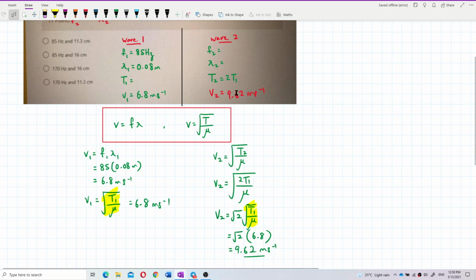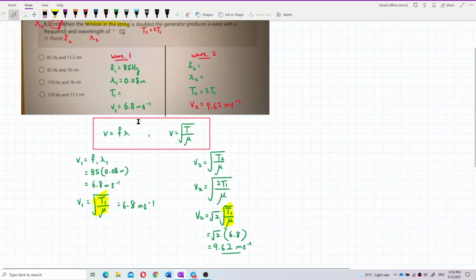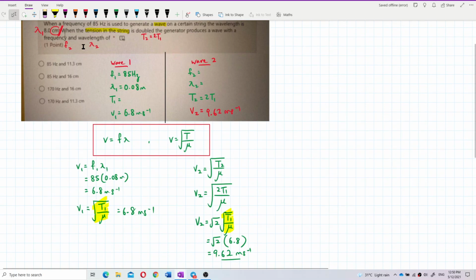Okay, how are we going to use this? Because it gives us the answers for frequency 2 and wavelength 2, 85 and so on. All these are frequency 2 and wavelength 2.